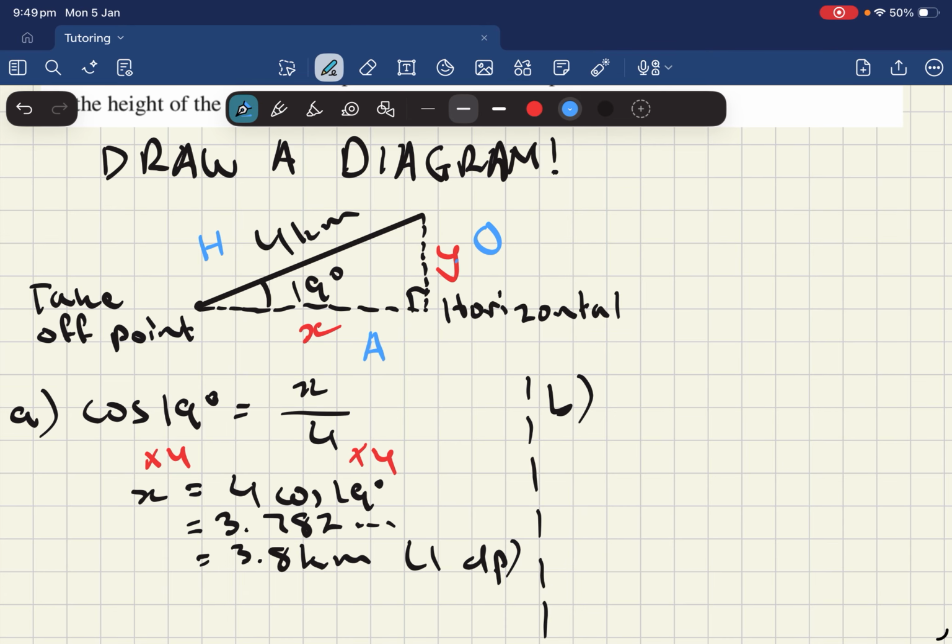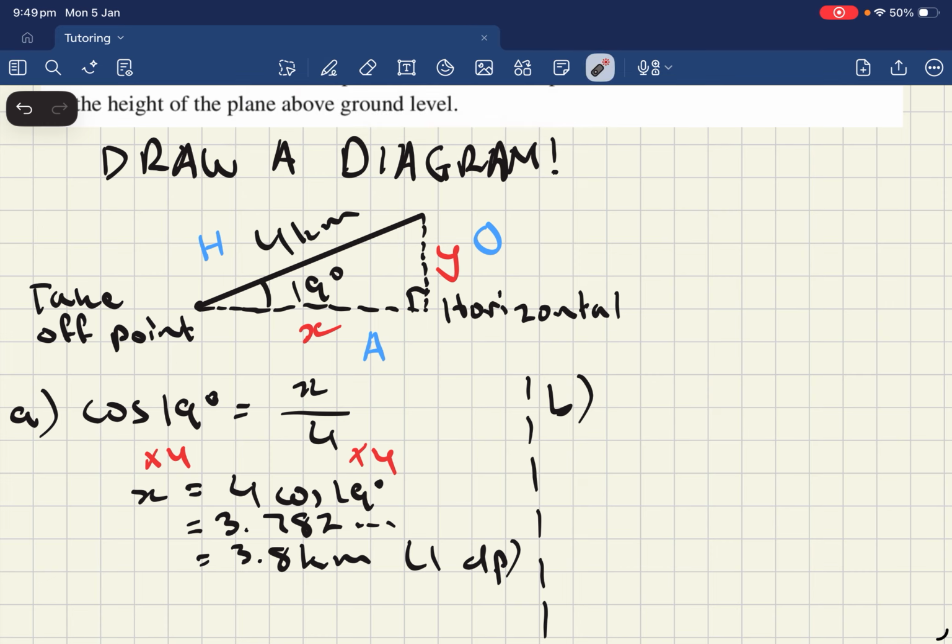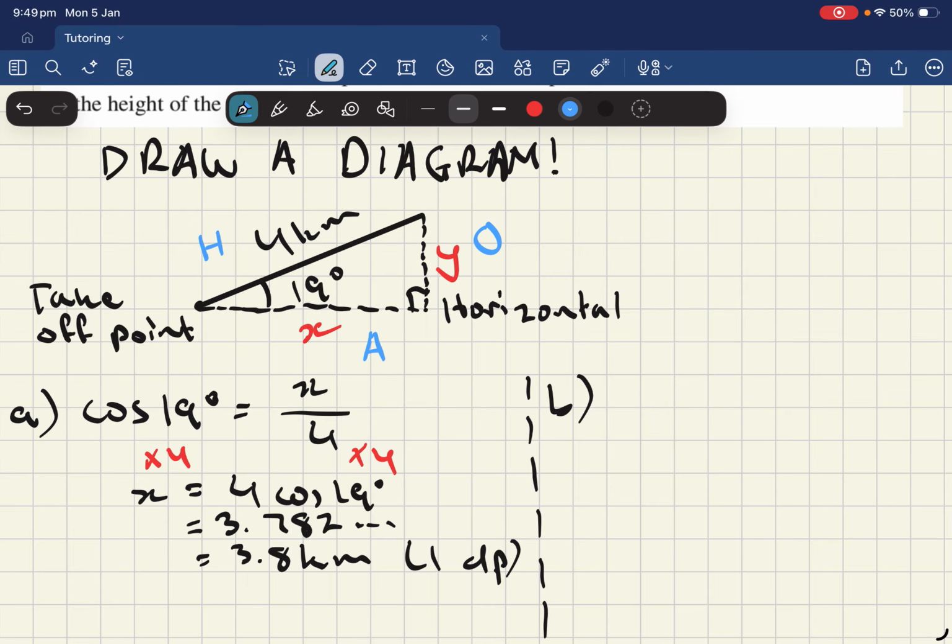We have our Y side, which is the opposite, and we can use the hypotenuse because it's already a nice number. That's what we're given in the question. You can use the other number, but it becomes problematic because we've rounded, it affects the accuracy. So it's better just to use the value they've given you in the question.